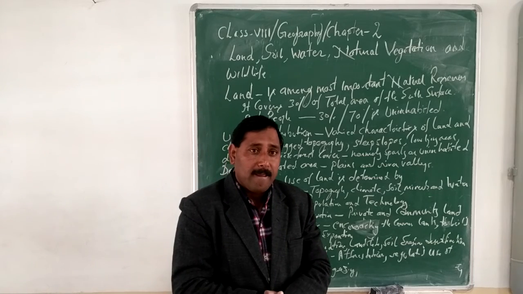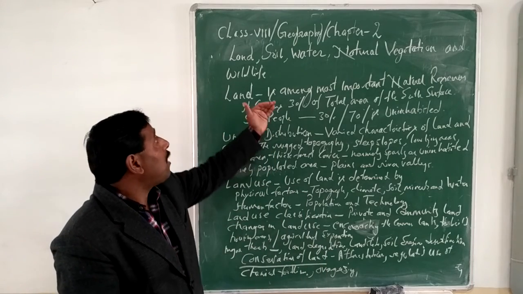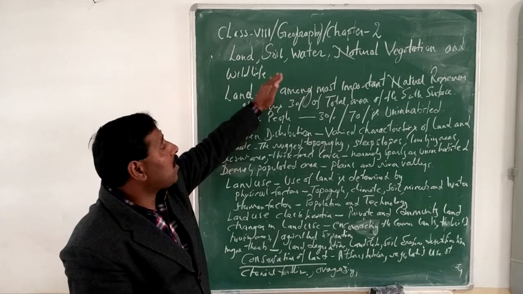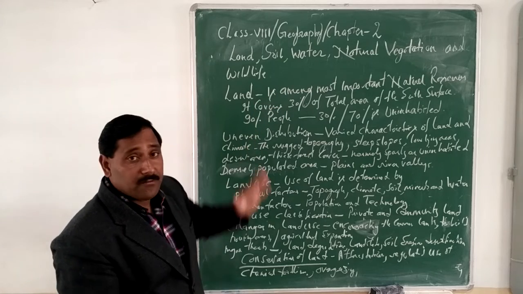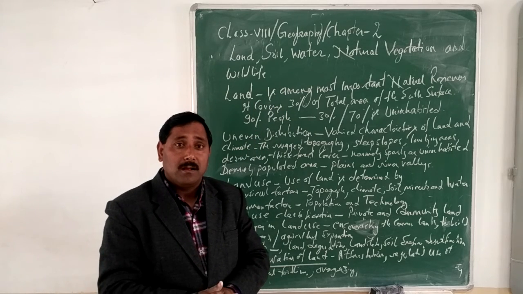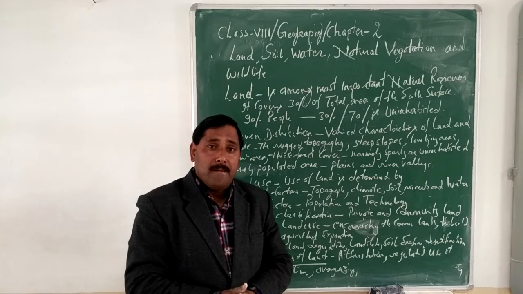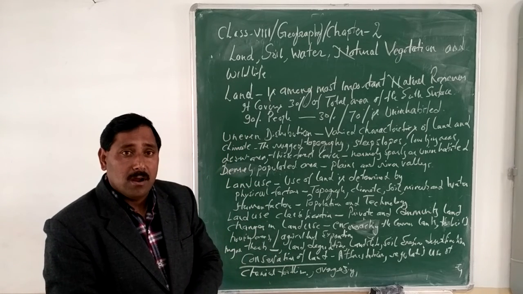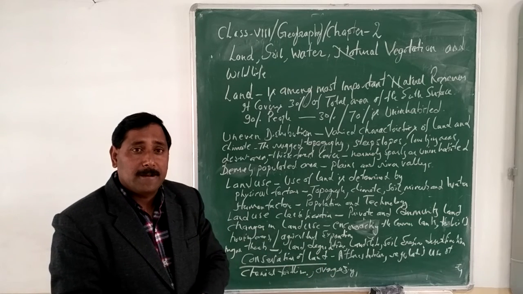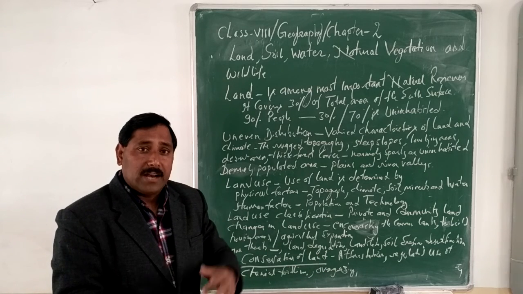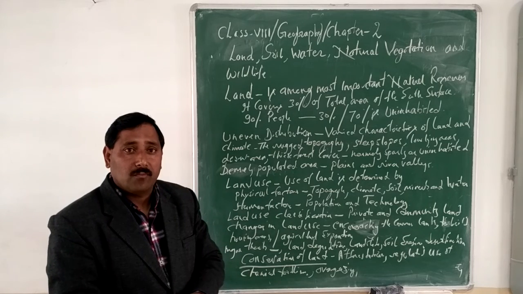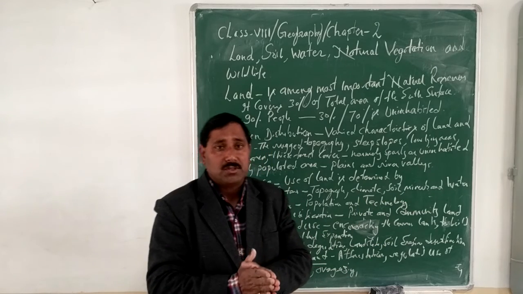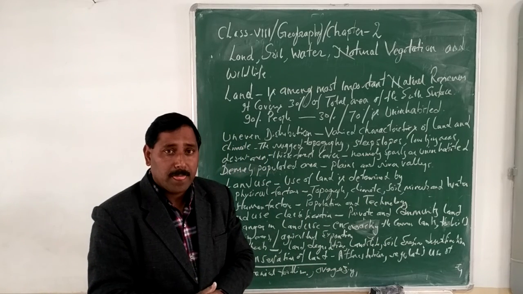Here we will be discussing individually the different resources like land, soil, water, natural vegetation and wildlife. You have already read about the different types of resources, classification of resources, and how to conserve these resources. All these resources are very, very important for us.